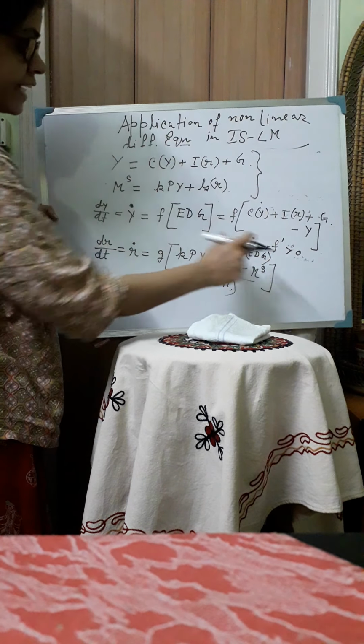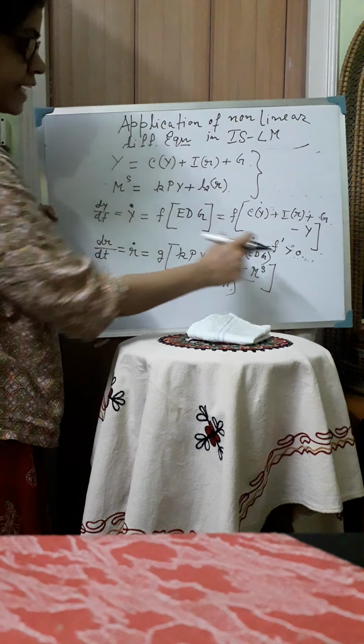So what we can say from here, dR dot/dEDM, that is excess demand for money, is greater than 0. So this is basically saying that if there is excess demand for money, then this demand for money will have to be reduced.